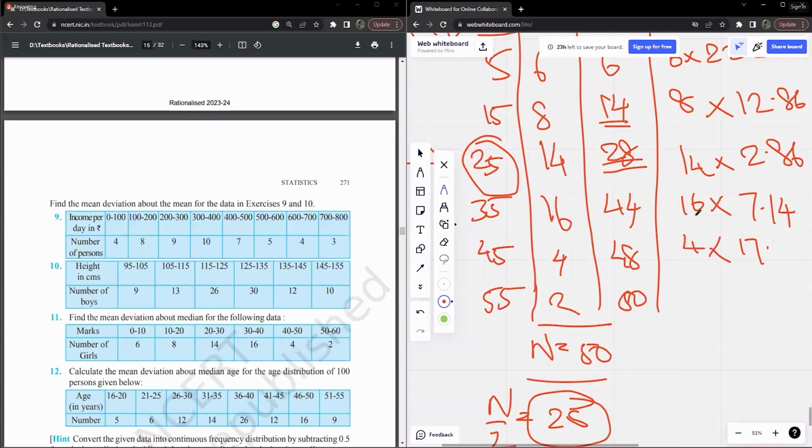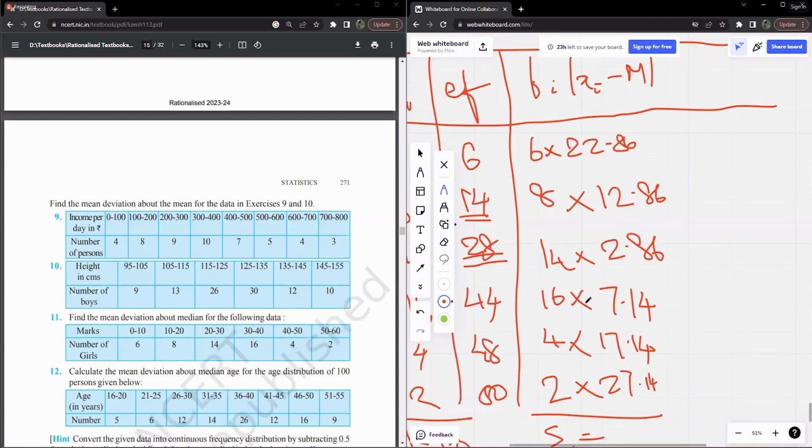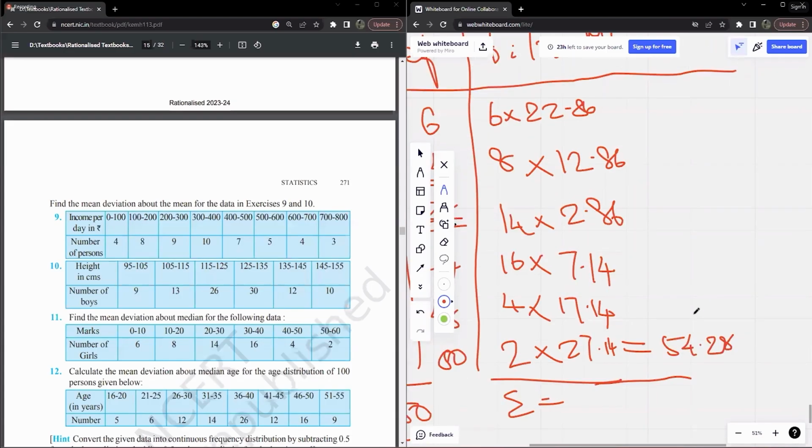The other things are going to be 6 into 22.86, which gives us 137.16. 8 into 12.86 gives me 102.88.